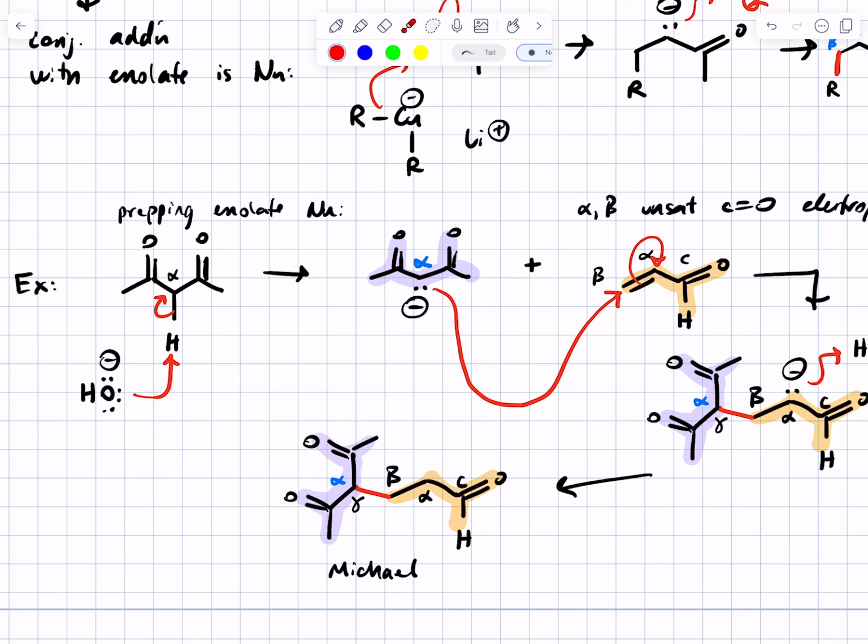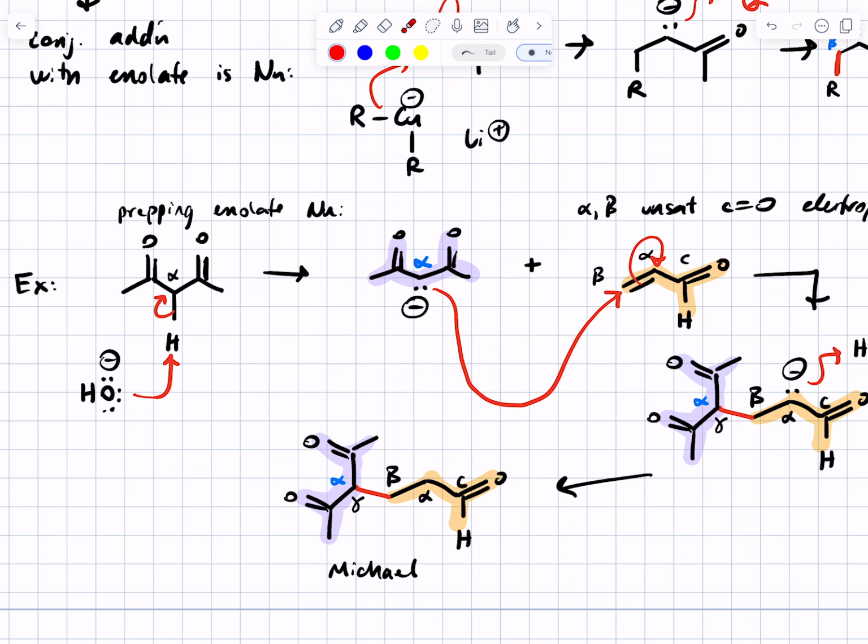And near as I can tell, when your text wants you to do a Michael reaction, in general, they'll use an alpha-beta unsaturated carbonyl compound as the electrophile. And in many cases, when they're focused on only the Michael reaction, they will use nucleophiles like this, which have especially acidic alpha protons.